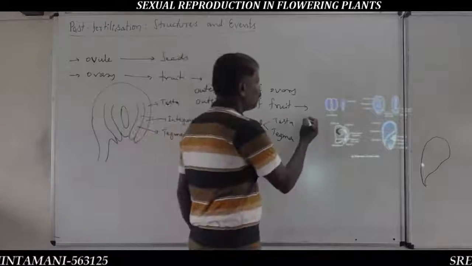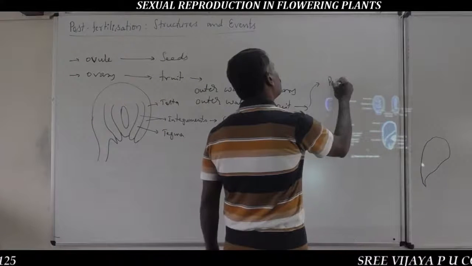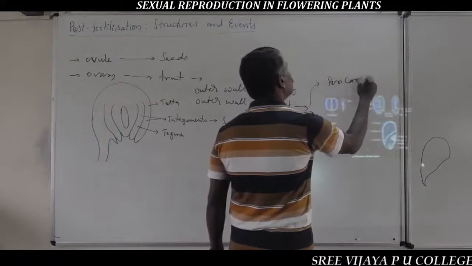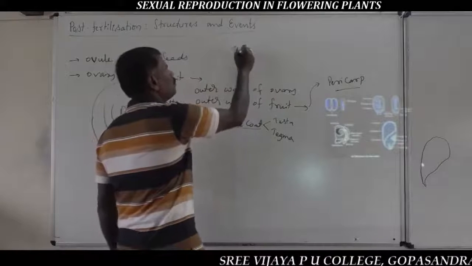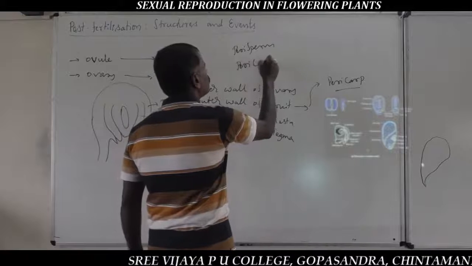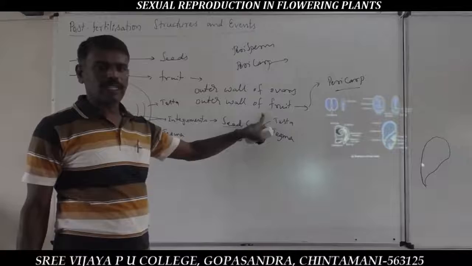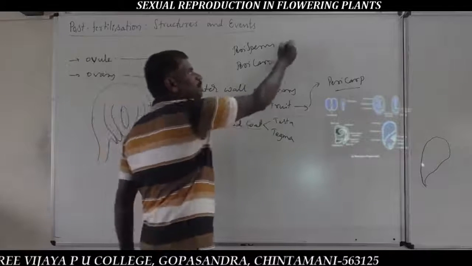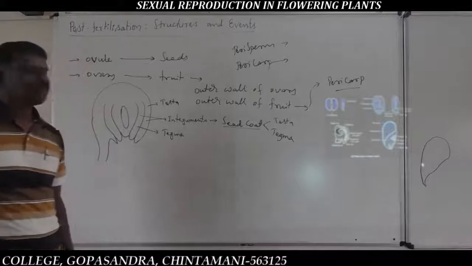This outer wall of the fruit is called the pericarp. So don't confuse perisperm and pericarp. The pericarp is nothing but the outer wall of the fruit. The perisperm is the remnant of the nucellus in a seed.